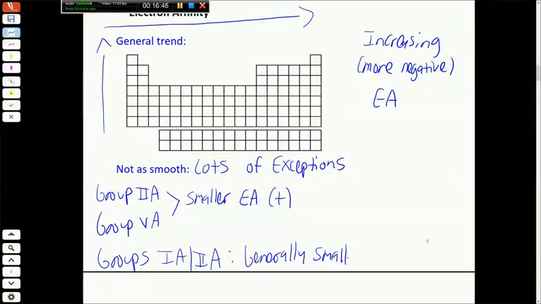They don't want to gain any more electrons. And then finally, if we go to the other end of the periodic table, group 6A and 7A, so that's the oxygen group and the fluorine group, those tend to have the largest electron affinity.